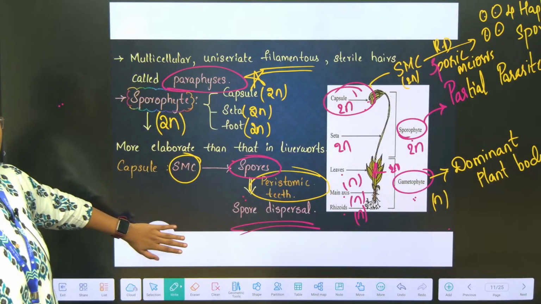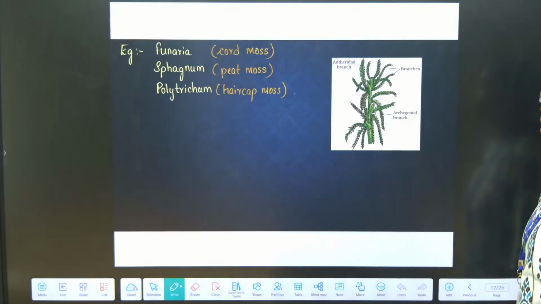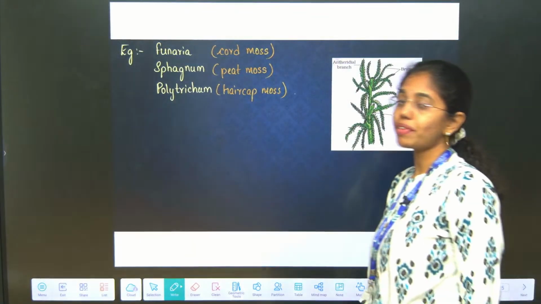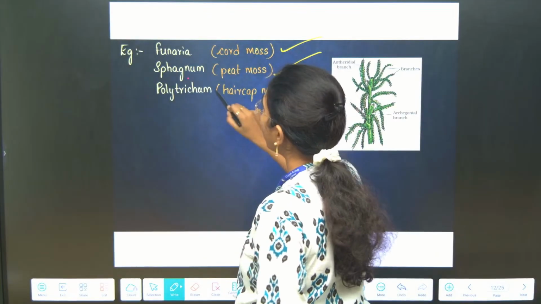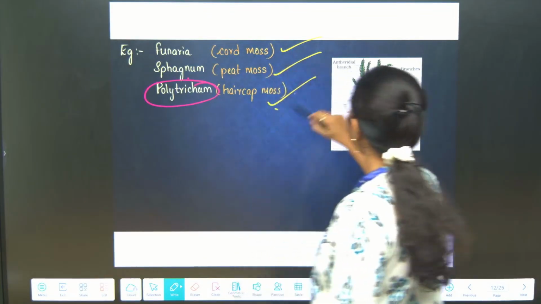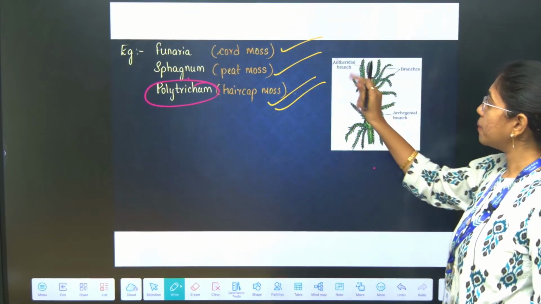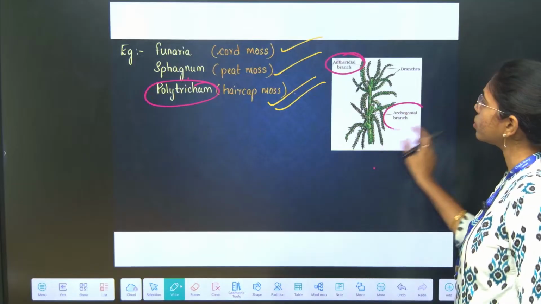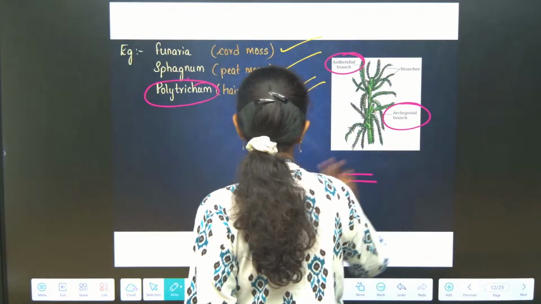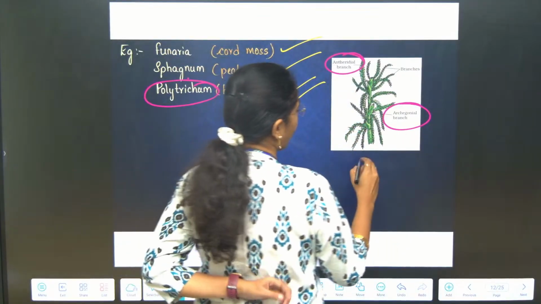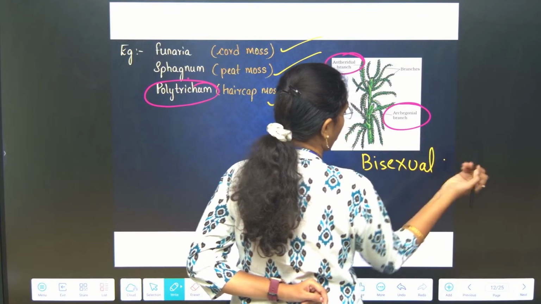Till here it is clear, no ma? Next you see. The best examples of mosses include Funaria, cord moss, Sphagnum, peat moss and Polytrichum, hair cap moss. In Sphagnum, in the same plant body, you can see antheridial branch and archegonial branch. So, this is homothallic, bisexual or monoecious.